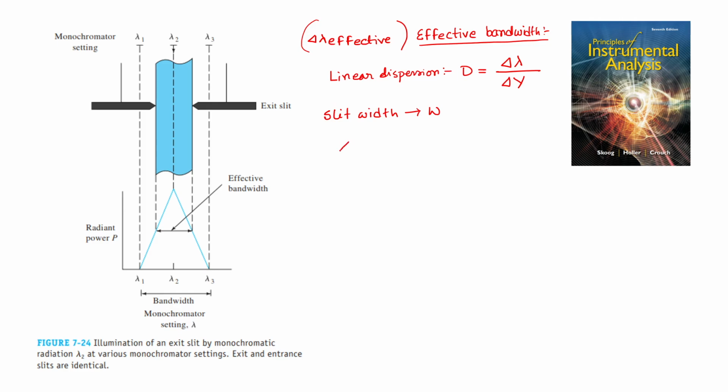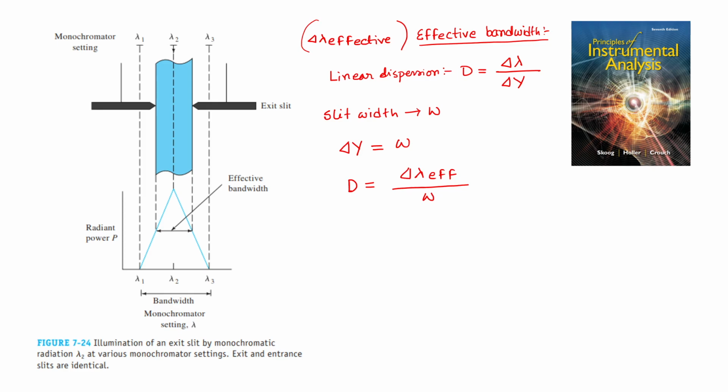When my delta y is equal to the slit width W, then this delta lambda is going to be delta lambda effective.